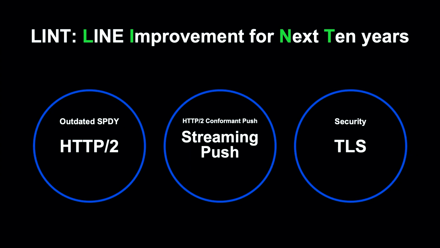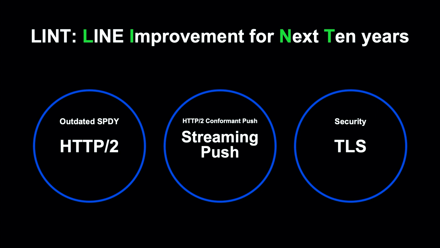Our mission is to make LINE more reliable and more secure without harming user experience. LINT, short for Line Improvement for the Next 10 Years, is a project to improve the blind spots we overlooked during rapid growth and to prepare the next 10 years for LINE services. As one of the epics of the LINT project, we try to solve the problems I described earlier.